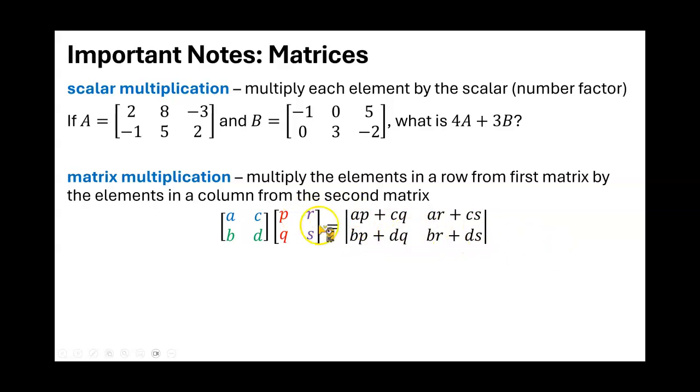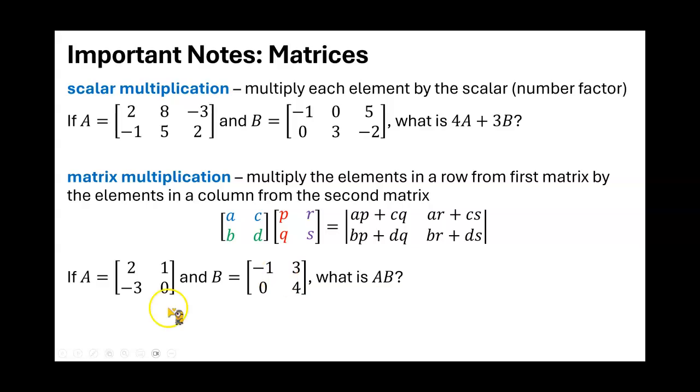Now I know it's kind of messy like this, so let's check it out with actual numbers. Let's say we have matrix A, 2 by 2, with 2, 1, -3, 0, and matrix B. What is AB? It's going to be really quick if you do this on a calculator, because all you need to do is type this matrix.